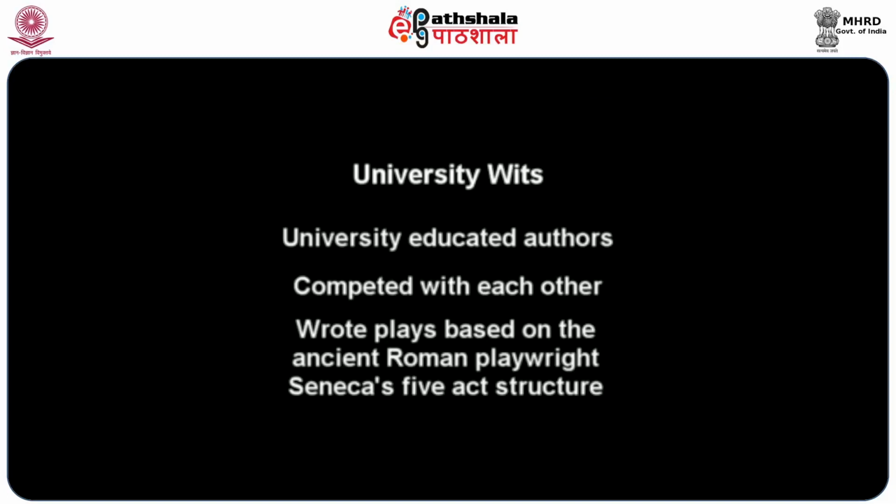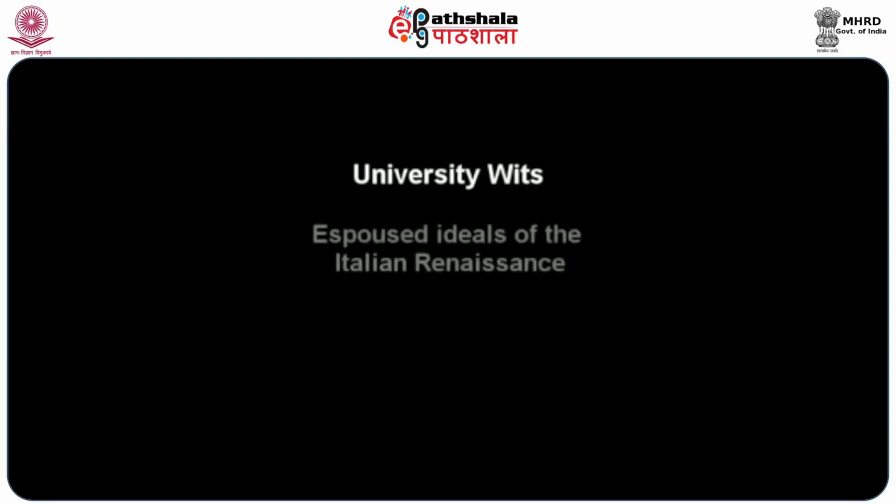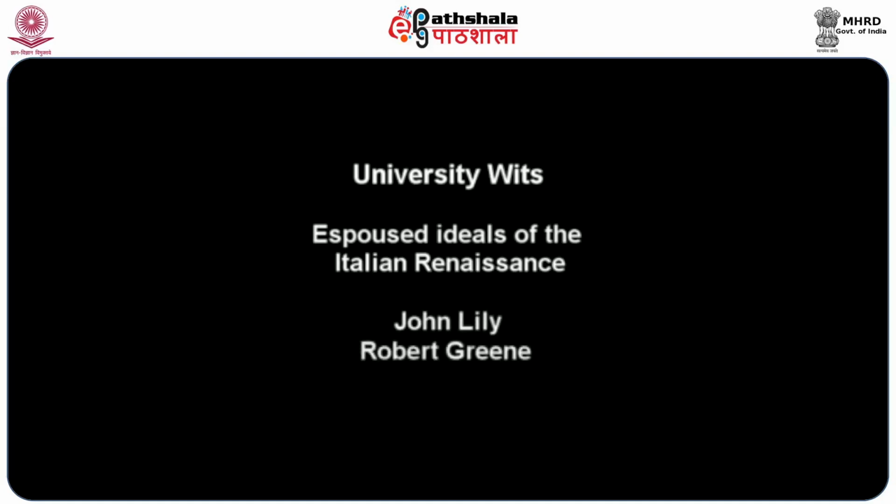These men became celebrities around London, and their plays, while very highbrow, were very popular with all of the play-going public. Their plays often espoused ideals of the Italian Renaissance, and they tended to create three types of plays that became the staples of the Elizabethan stage. Such authors as John Lilly, Robert Greene, and Thomas Nash set the standard for playwriting in Elizabethan England.